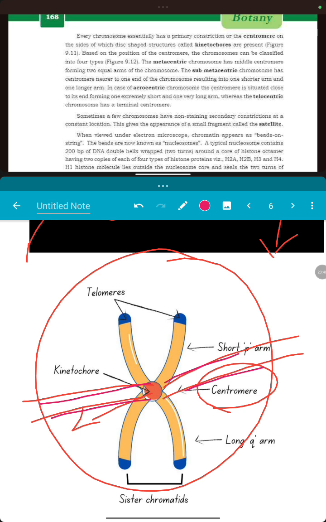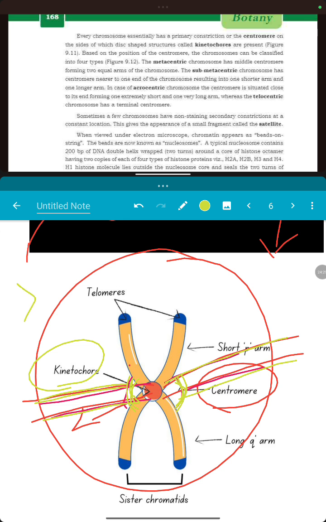Actually the microtubules don't bind directly to the centromere; they bind to the kinetochore present at its sides. The kinetochore is a protein, of different types.